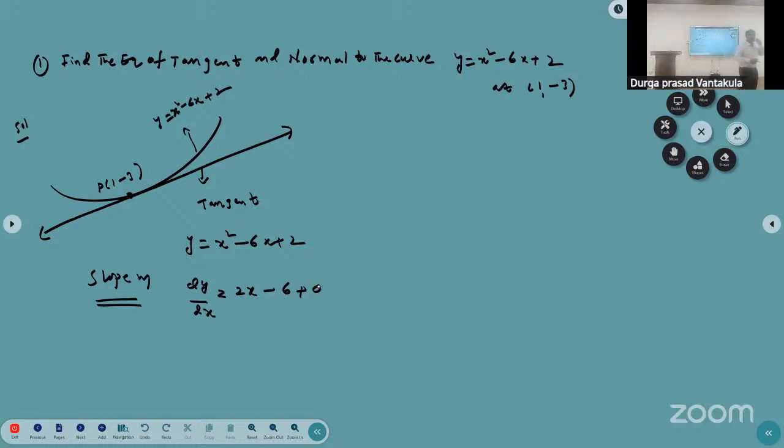You are perfect in differentiation. So dy by dx equal to 2x minus 6.